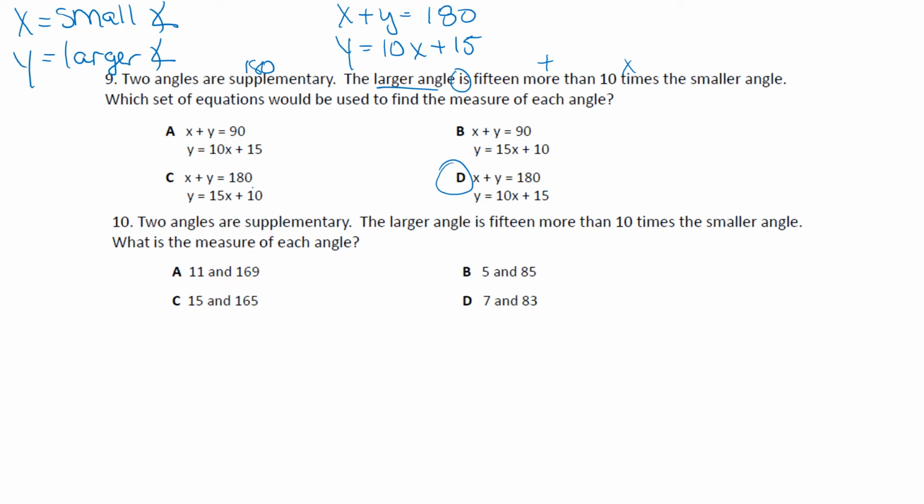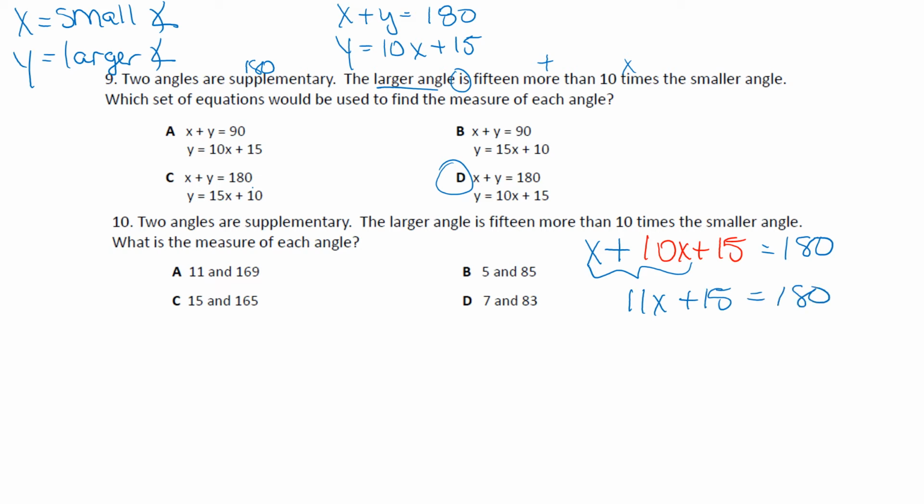So then number 10, we actually have to solve and figure out what our two angle measurements are. So in our system, we have a y equals, which makes it very easy to substitute. So we're going to keep our first equation, x plus, in place of the y, I'm going to substitute the 10x plus 15, and then keep the rest of my equation of equals 180. X plus 10x is going to be 11x plus 15 equals 180.